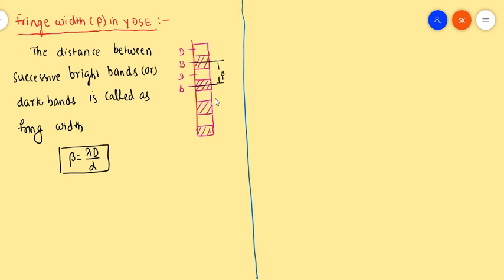In this, lambda is the wavelength of the light. Fringe width depends upon the wavelength of light, and capital D is the distance of the screen from the slits.